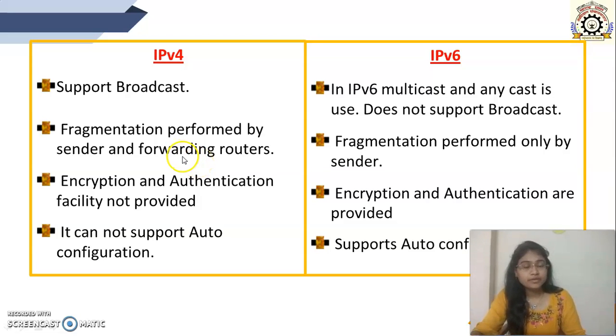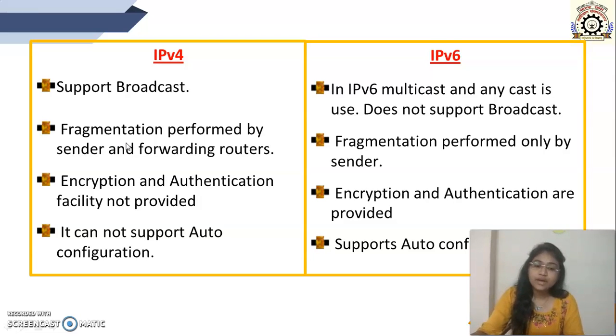In the case of IPv4, we have included the identification, flag, and fragment offset. These fields are already available in the IPv4 header format, and these fields are related to the fragmentation process, so that any intermediate node or router which receives the IPv4 packet can perform the fragmentation process, because this information itself is contained in the header format.